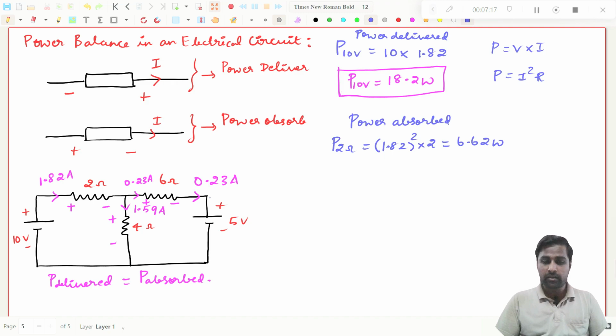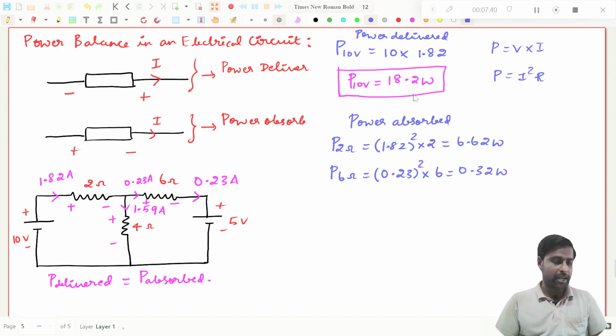So P by 6 ohms will be equal to, again I have current and resistance, so I use this formula. So that will be 0.23 the whole square into 6 ohms, right? So if I solve this, I will get 0.32 watts.